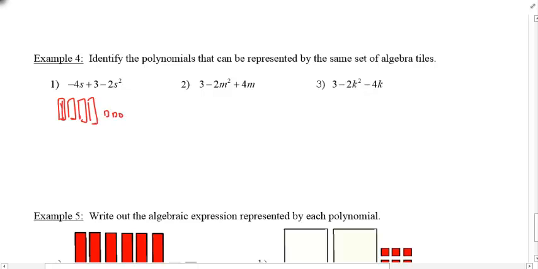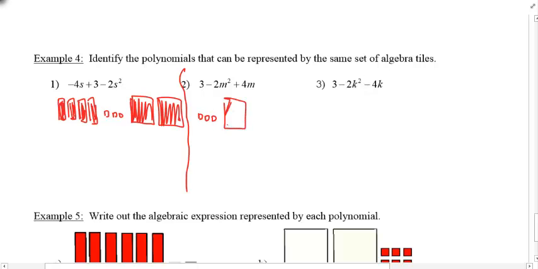Oops, I forgot to shade it in. Is 1 and 2 the same?